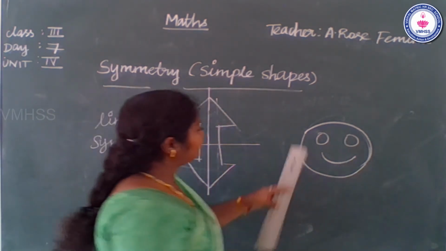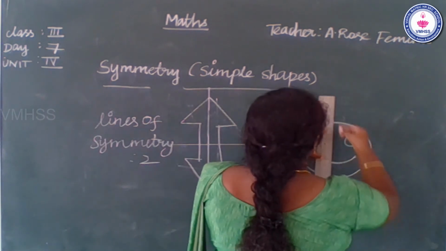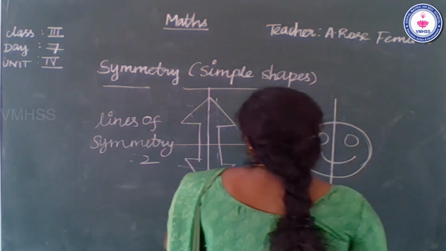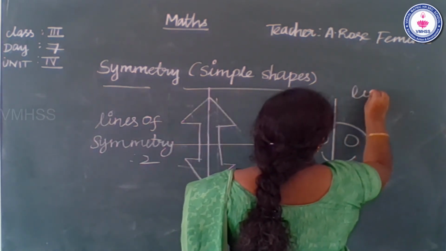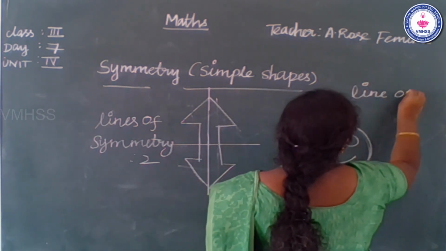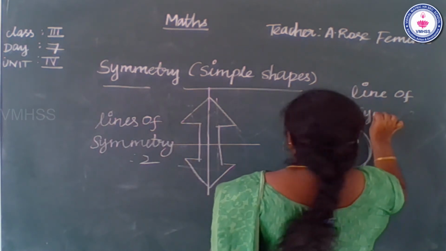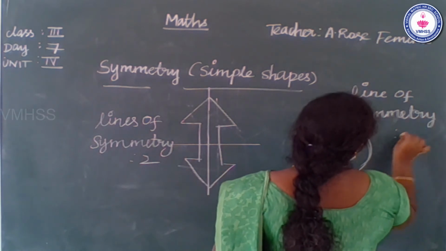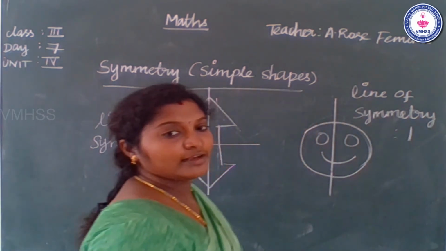Okay. So this is a symmetrical. So the line of symmetry is one. So this one has two lines of symmetry and the smiley has one line of symmetry.